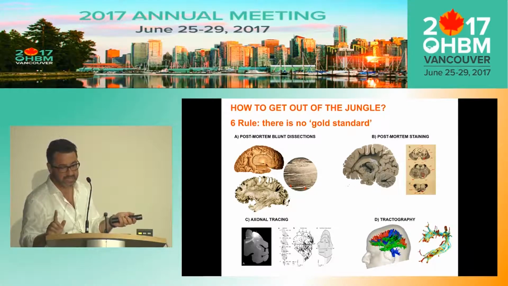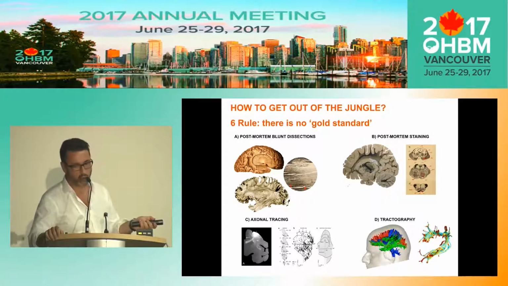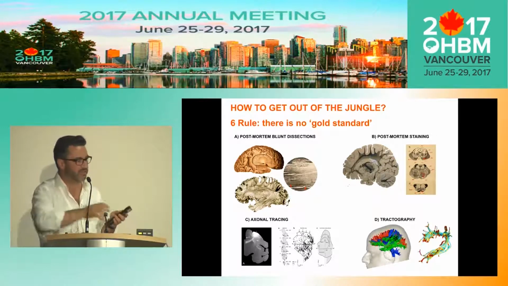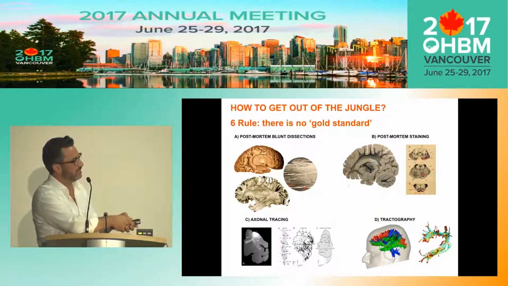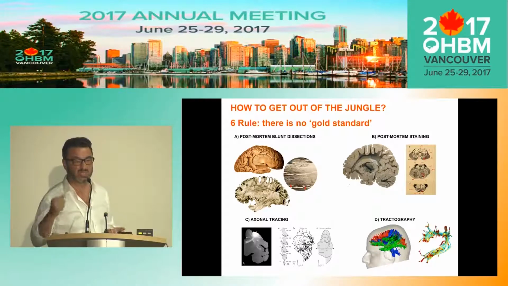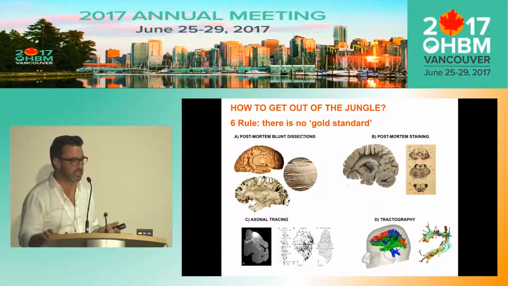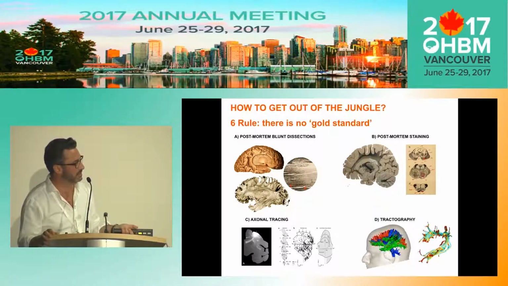But the second is the post-mortem staining. Again, that's Flexic, or the Marchi degenerations. Again, very useful, but you have to wait for the patient to die. You have to have a very good team like Professor Zilles has put together to do this kind of work in 10 brains. And then you have the animal work, axonal tracing.